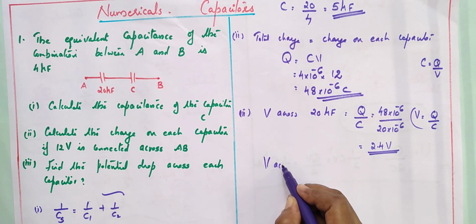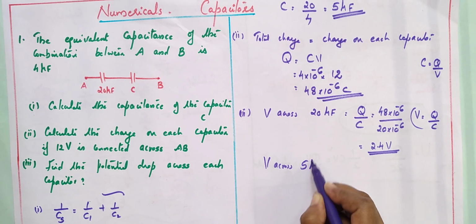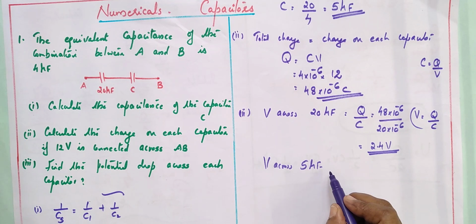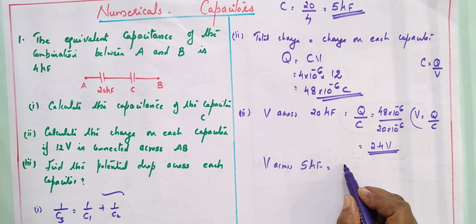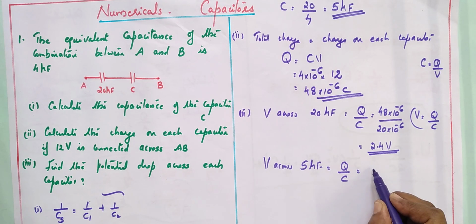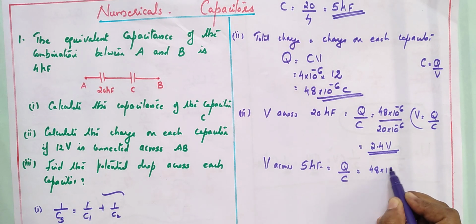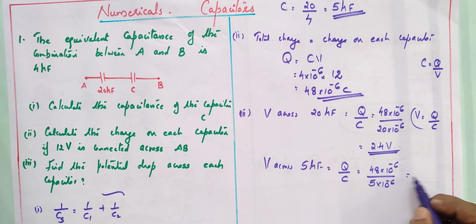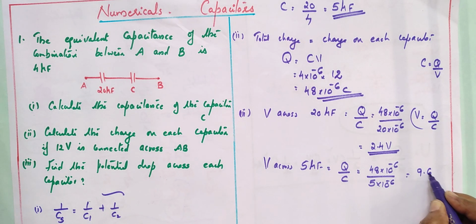Next, the potential difference across 5 microfarad, the unknown value we found as 5 microfarad. The potential difference across it is its charge divided by its capacitance. Its charge is also 48 into 10 raised to minus 6, divided by its capacitance, 5 into 10 raised to minus 6. Simplifying, you get 9.6 volt.